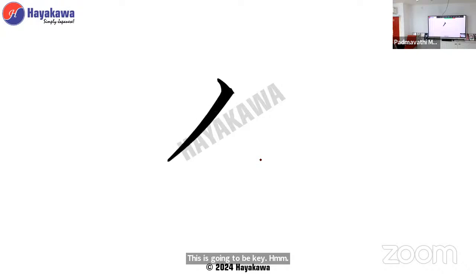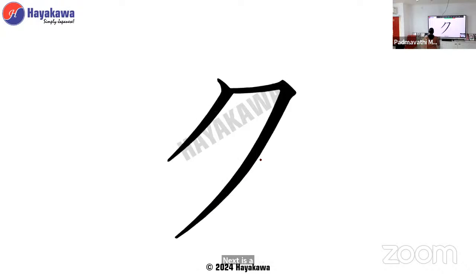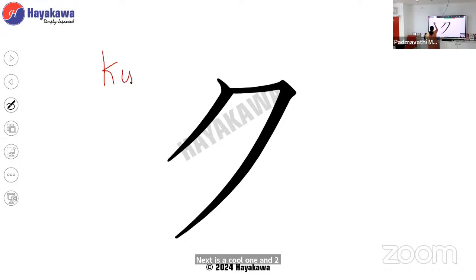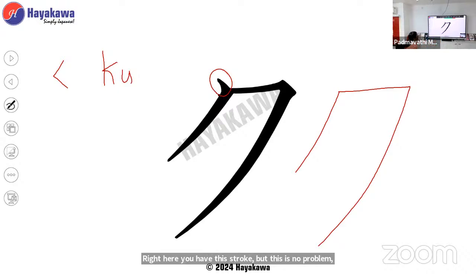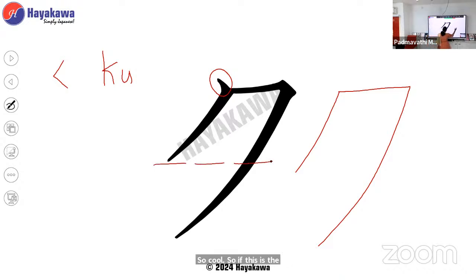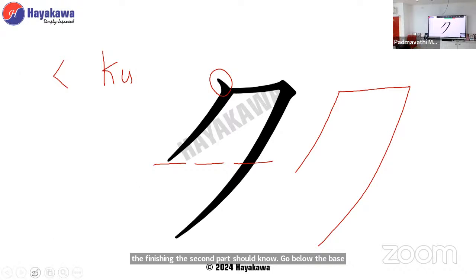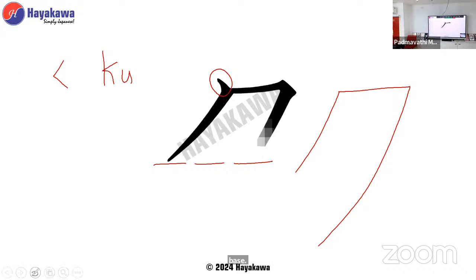Next is ku. 1 and 2. So hiragana ku, we had it like this, right? This ku is going to be 1, 2, and 3. Here you have this stroke, but this is no problem, right? It is just the font style. So if this is the base, the second part should go below the base.